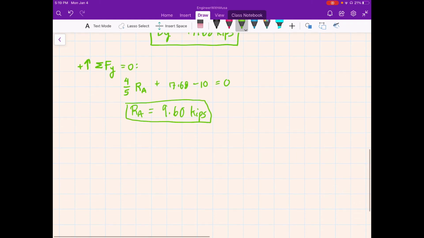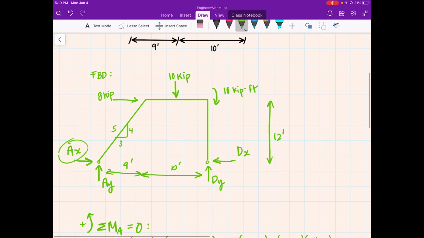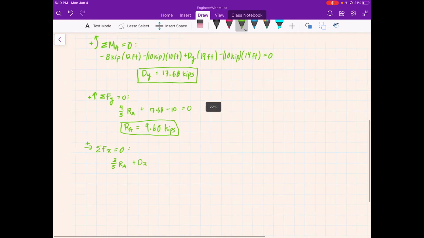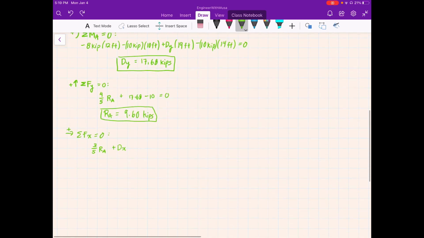And last, we can do sum of the forces in the x direction equal to 0. And we'll find that we have 3/5 of the RA. So we're looking at this portion right here, 3/5. Plus DX, which comes from here. Actually, it's going to be minus DX in this case.